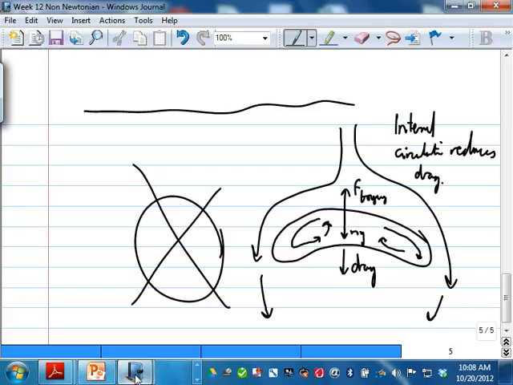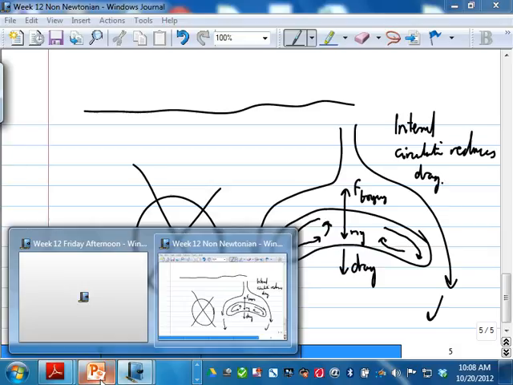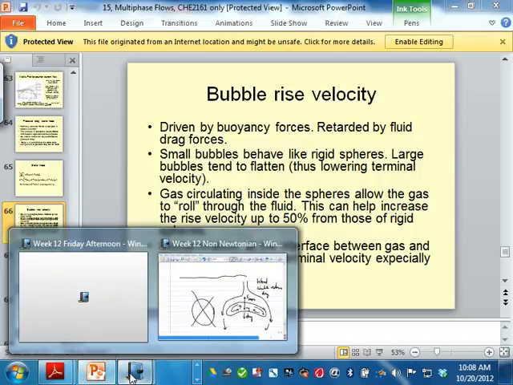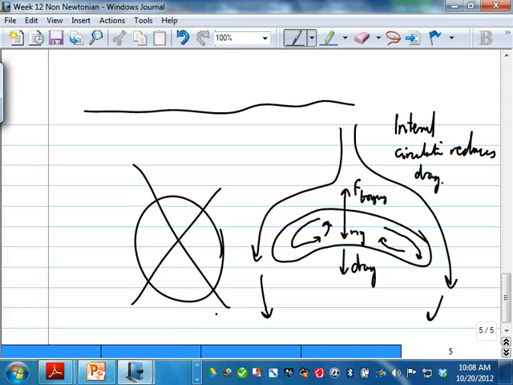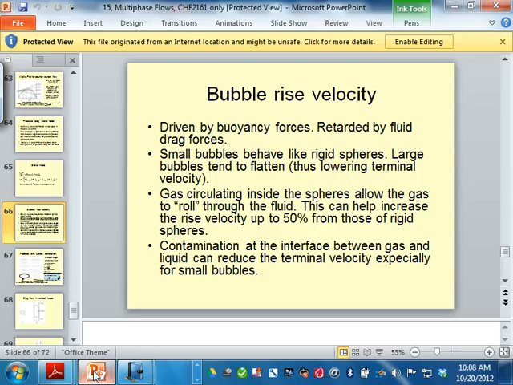All right, let's go back here. Is this all okay? Any questions? This is just an overview of the physics, in words. So the internal circulation can help it up to 50% increase. Contamination of the interface between gas and liquid can reduce the rise velocity of small bubbles.